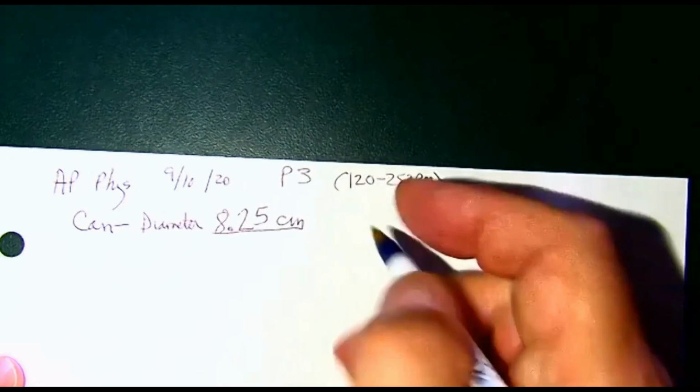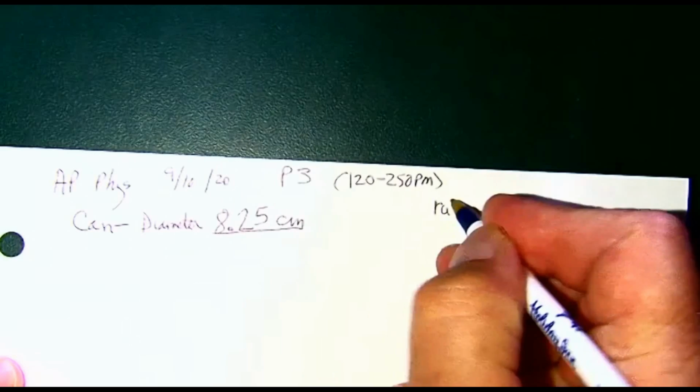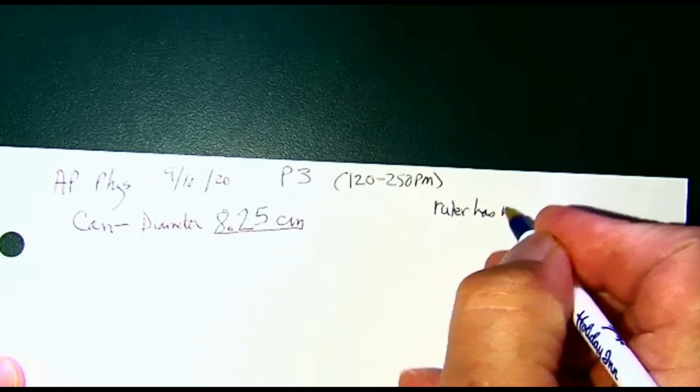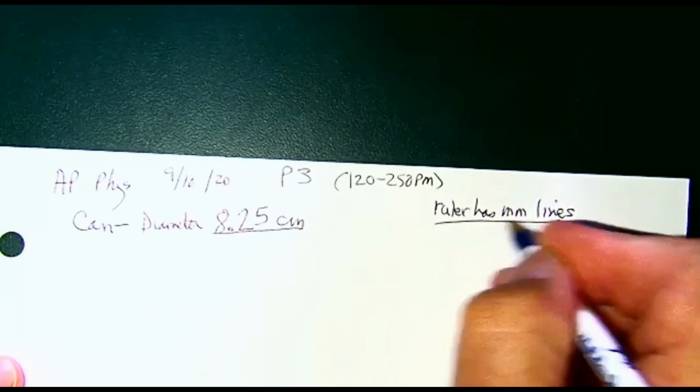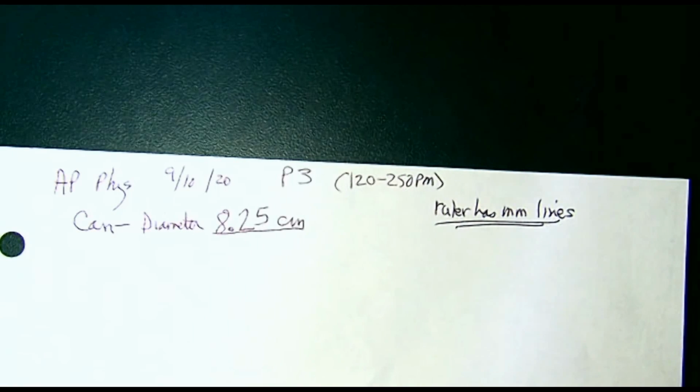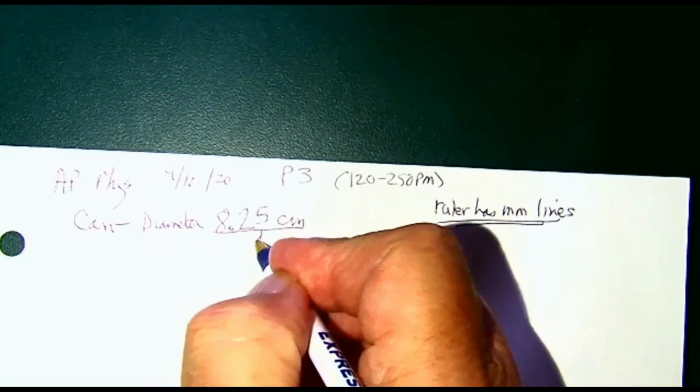Now, the ruler I'm using has millimeter lines. That means the last thing I'm sure about is how many of those millimeter lines have been met. And then I have to guess in the gap. If it's not in the gap, it's right on a line, then the last thing I'm going to write down is a 0. This is your uncertain number.